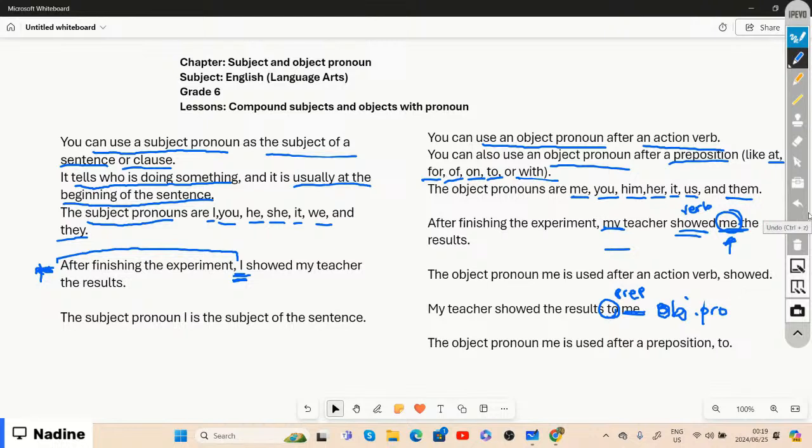Should I continue? Because I hear myself on my side. All right. All good. Okay, so let's continue.